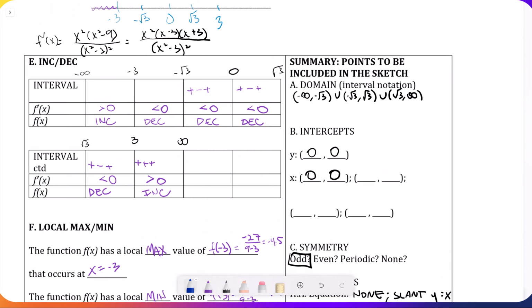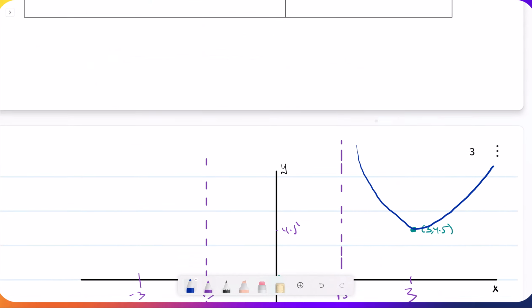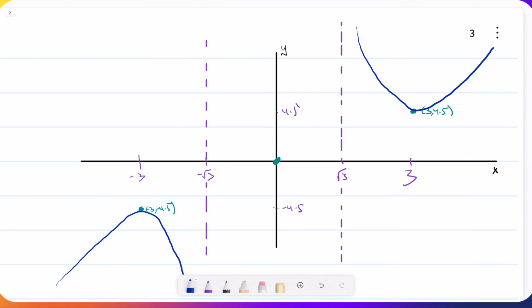I'm steadily decreasing, but my concavity is changing from concave up to concave down with the asymptote. So always decreasing, but concave up. Now I'm still decreasing, but now I'm concave down. So that's going to look something like this for this curve.